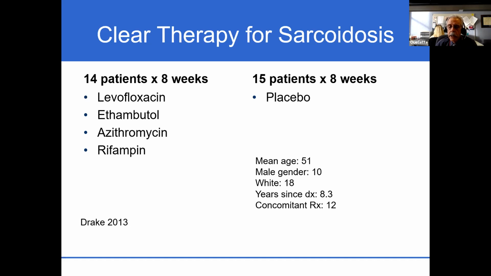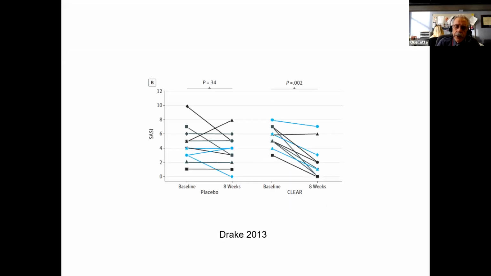These patients had a mean age of 51. Most of them were actually female. They were largely white, and most of them had 8 years since their diagnosis. 12 of these patients had concomitant therapy, mostly either prednisone or methotrexate or both. This is an example of this. The SASI index, and we already talked about that in regards to cutaneous sarcoidosis.